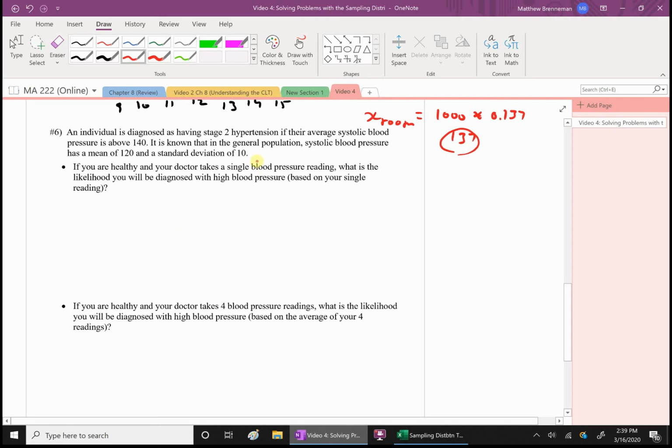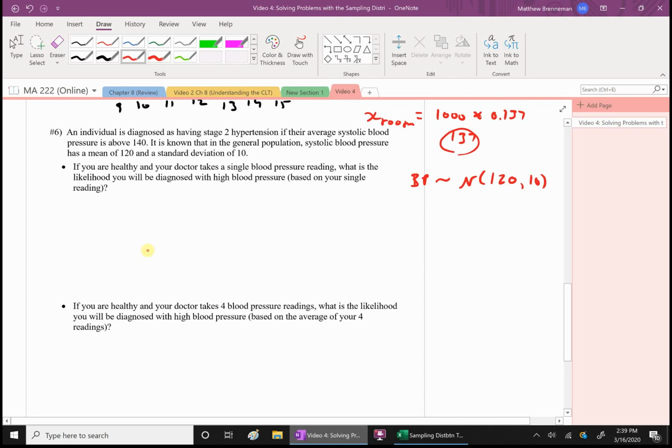Okay, and this is what stage 2 hypertension is, by the way. Okay. So what do I know? Well, I know that blood pressure has a normal distribution. I'm told the mean is 120 and the standard deviation is 10. And I know that the distribution of blood pressure is normal because it's a physiological measurement, right?